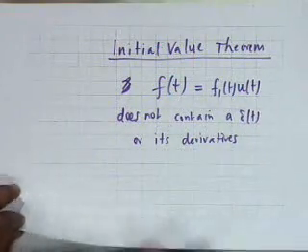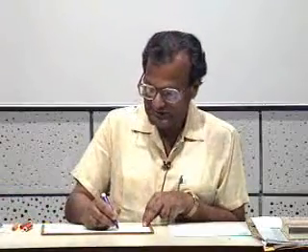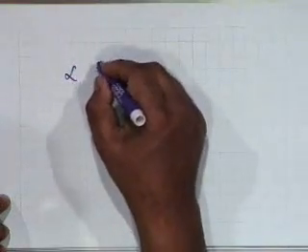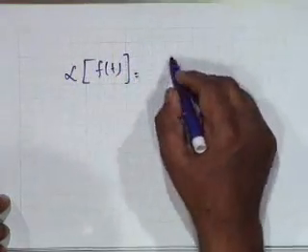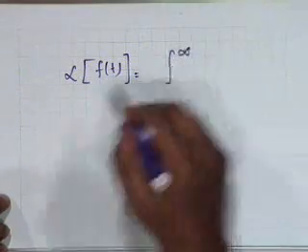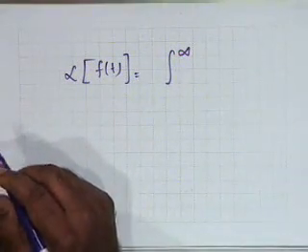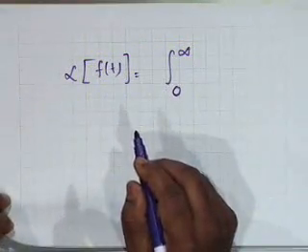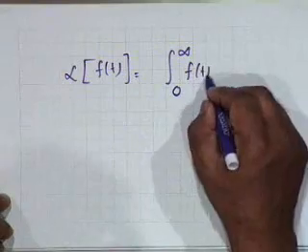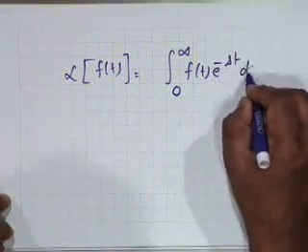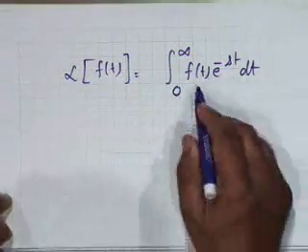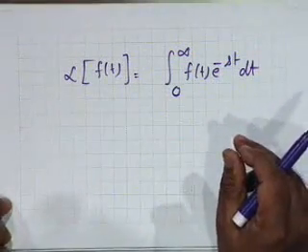In that case, if this is so, then Laplace of f of t would be the integral, upper limit is infinity, but lower limit shall be 0 instead of minus infinity. So, it is f of t e to the minus st dt. Is it okay? f of t e to the minus st dt.